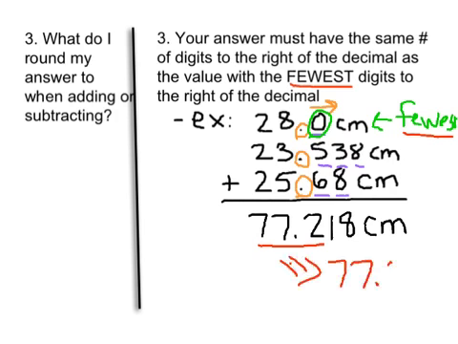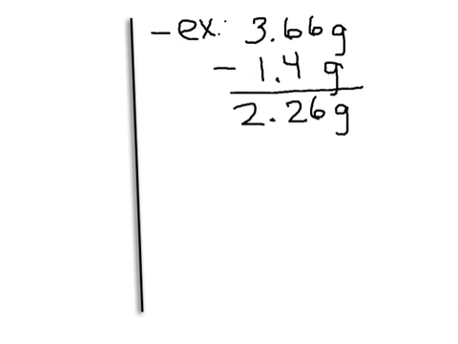That's as precise as we can go, because that first group only had 1 digit after the decimal point. Okay, so that is going to be our answer. So when you get a huge number in your calculator and you ask me what do I round to, I'll just tell you, use your sig figs. Okay, let's take a look at one more example for adding or subtracting.